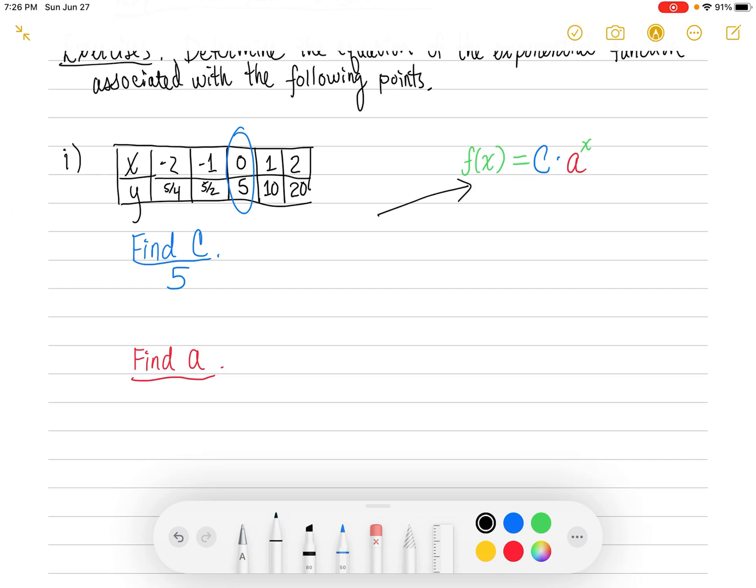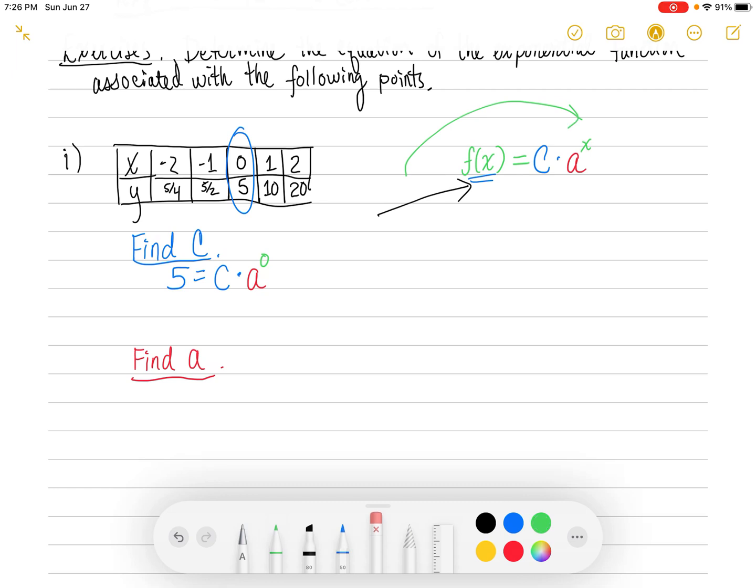So we're going to focus in right here, 0, 5. So the y value is 5, right? I'm plugging this in here. The f of x is 5, that equals c times a to the x. What's x here? Well, x is 0.